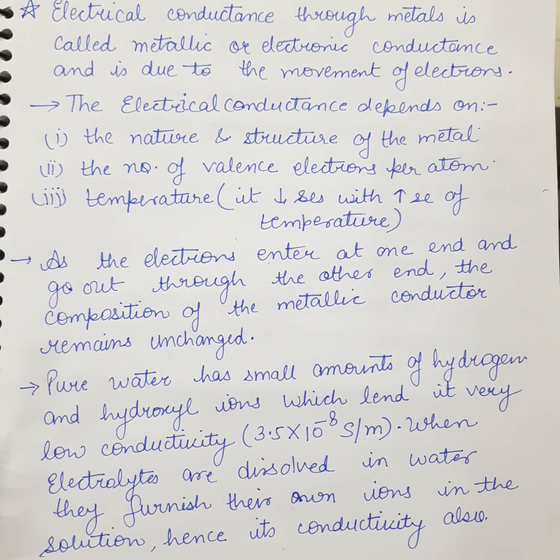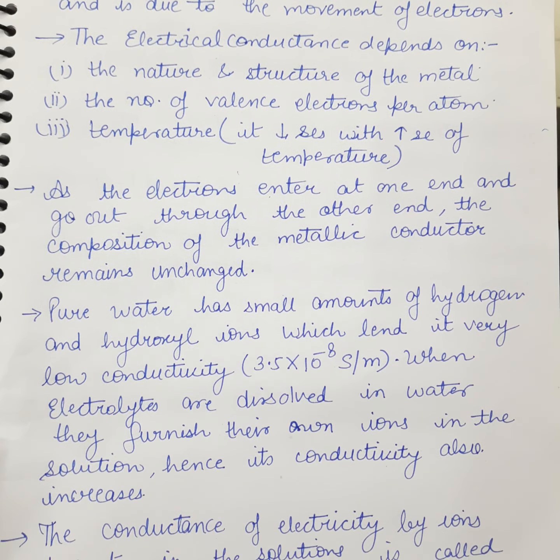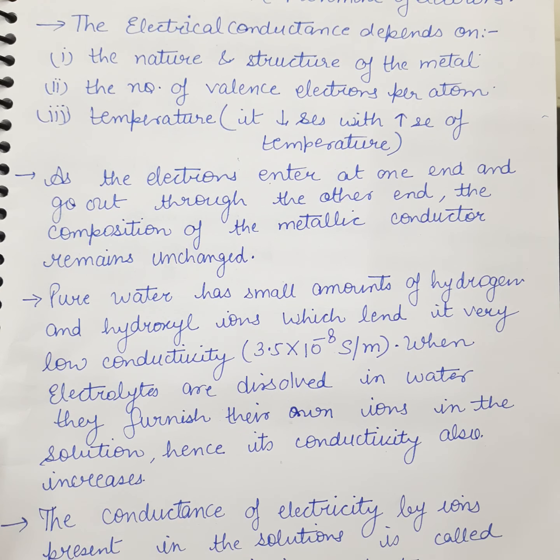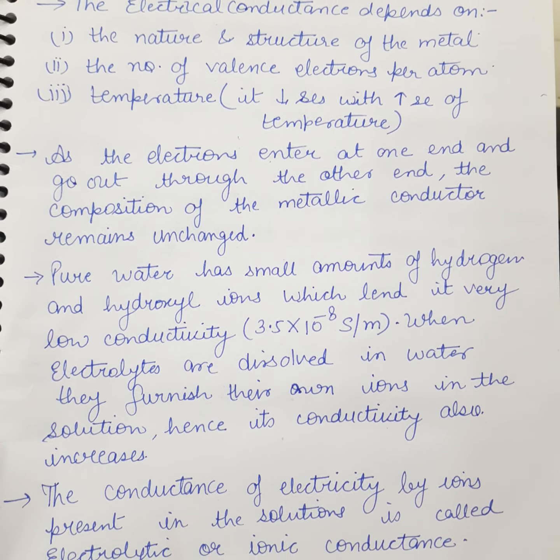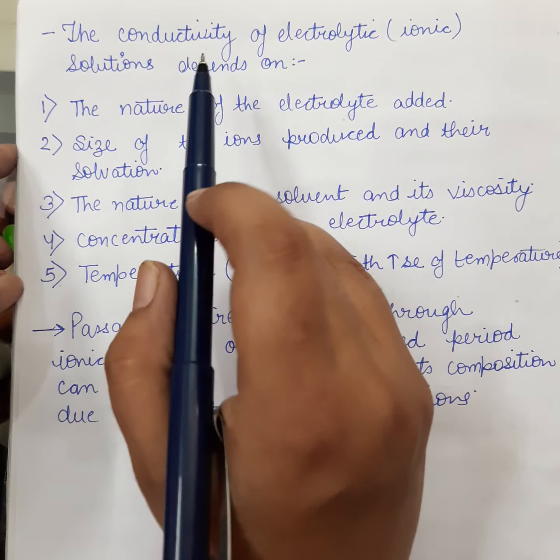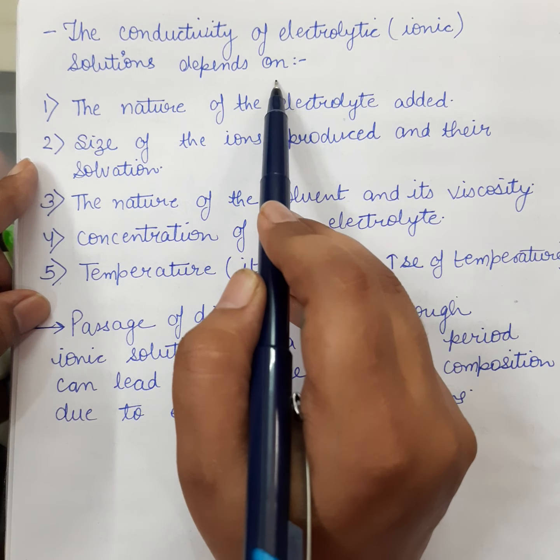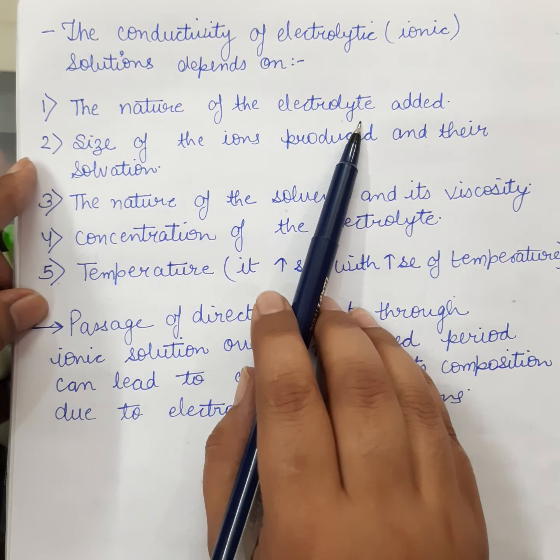Hence, its conductivity also increases obviously. The conductance of electricity by ions present in the solutions is called electrolytic or ionic conductance. The conductivity of an electrolytic or ionic solution depends upon the nature of the electrolyte.